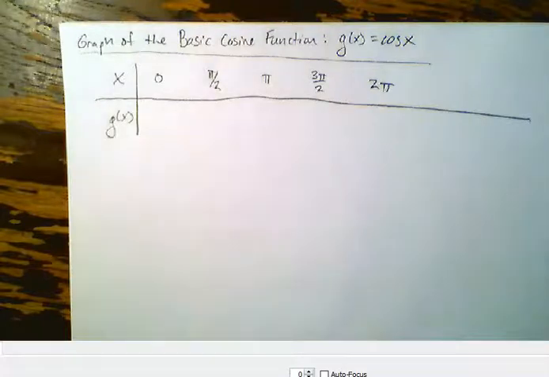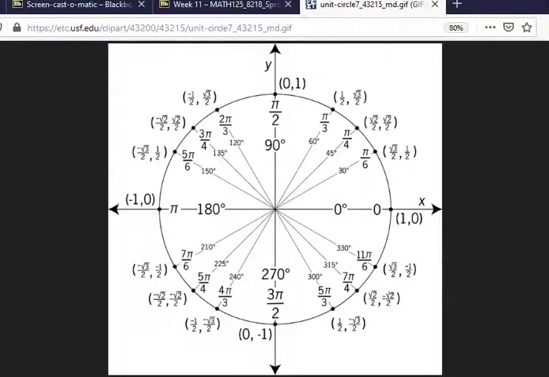All right, so let's look at our unit circle. So here we see the unit circle. Now we're going to traverse the unit circle the same way we did, except we're going to start collecting the x-coordinates of those points instead of the y's, because we know that the cosine of x is representative of the x-coordinate from the unit circle.